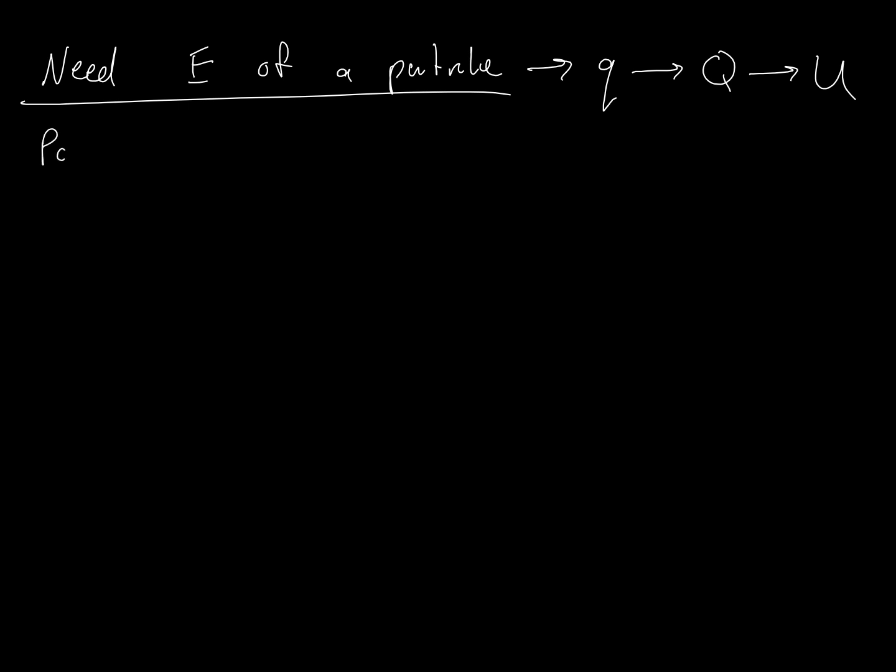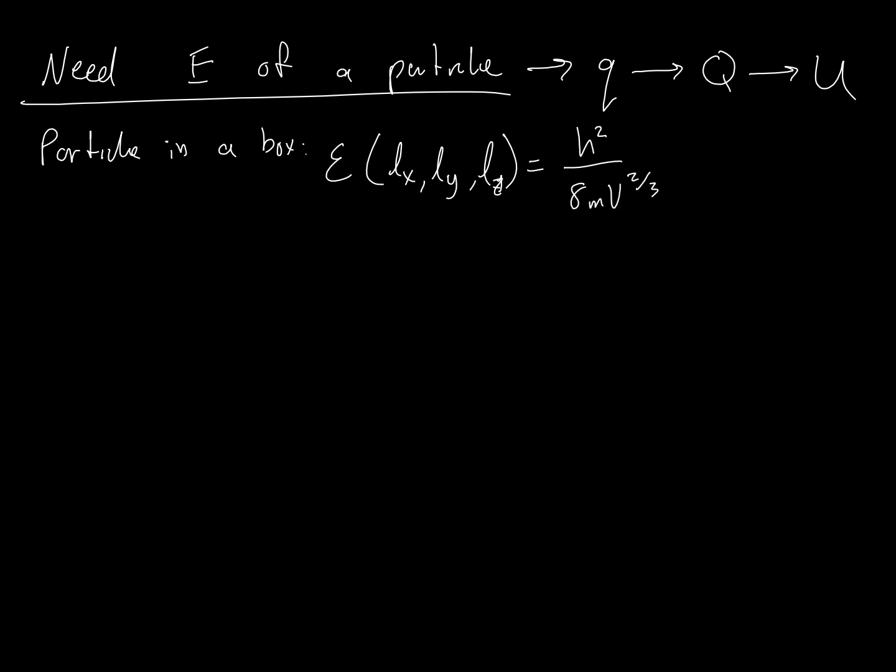So we're going to use particle in a box. We're going to borrow from quantum mechanics: the energy of a particle in a box is a function of the quantum numbers Lx, Ly, Lz. We have Planck's constant, mass of the particle, volume of the box, and the three different integer numbers, Lx, Ly, and Lz.